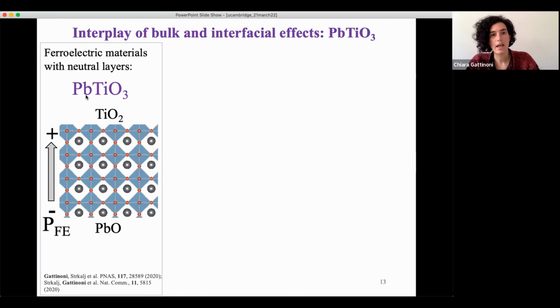Lead titanate, so lead has a formal charge of +2 and titanium of +4. So if we look at the 001 direction, so 001 surfaces, these are formed of stacks of lead oxide and titanium oxide. So 2 minus 2 is 0. So these layers are all neutral.